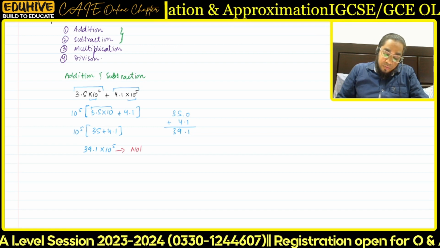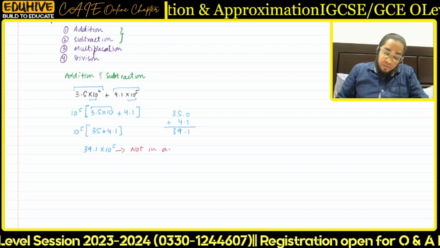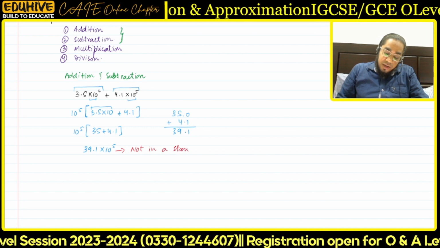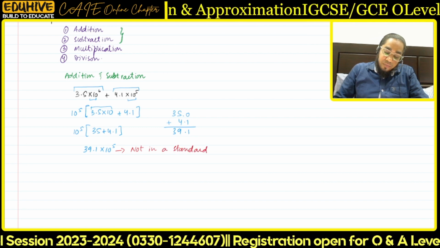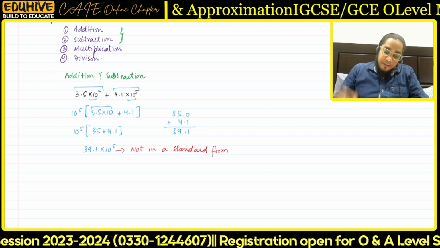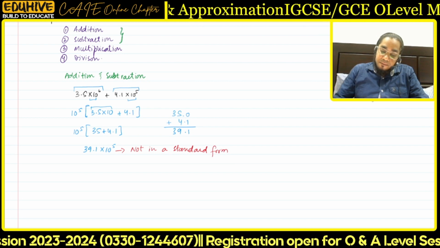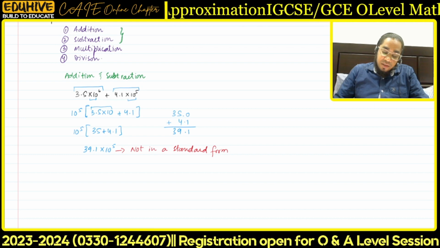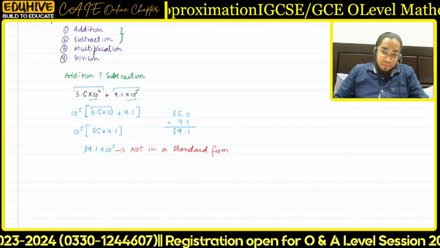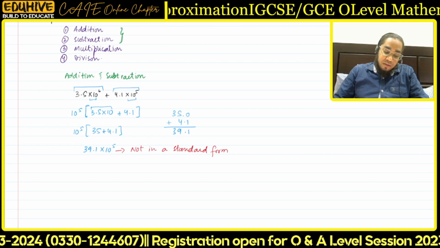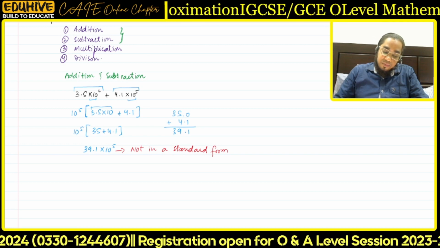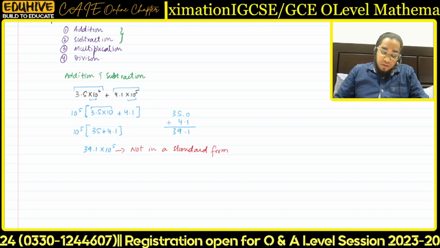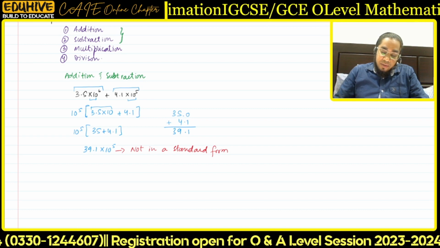And it is not in standard form. Can anyone tell me why it is not in standard form? Yes, these are the same method, you can make the common power on both sides. Okay, can anyone tell me? Sir, because of the decimal?